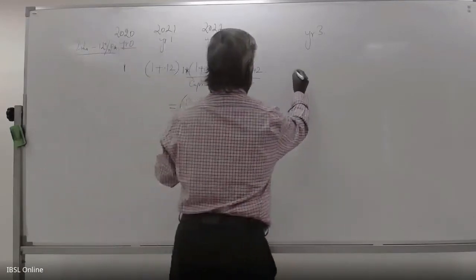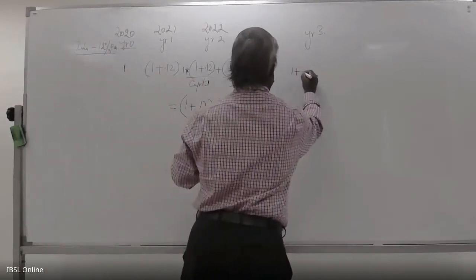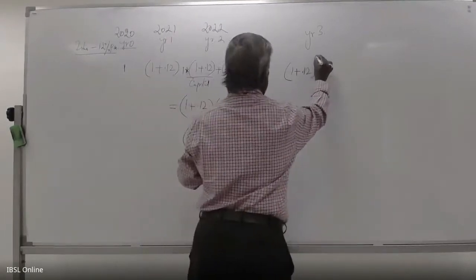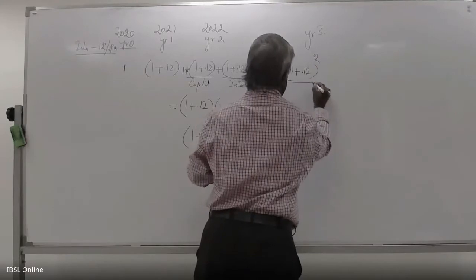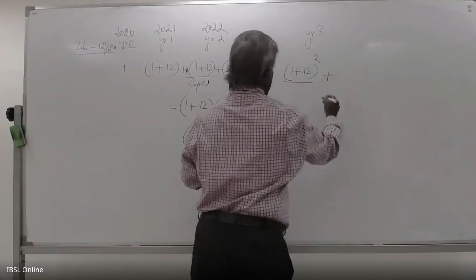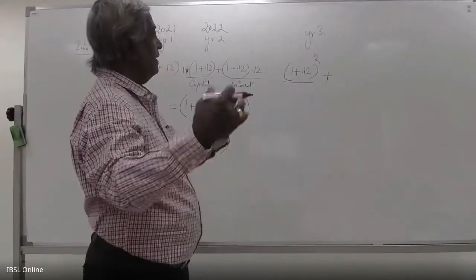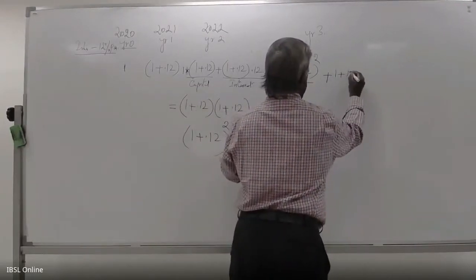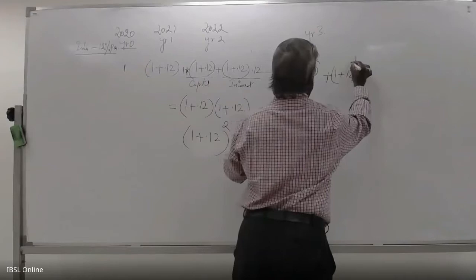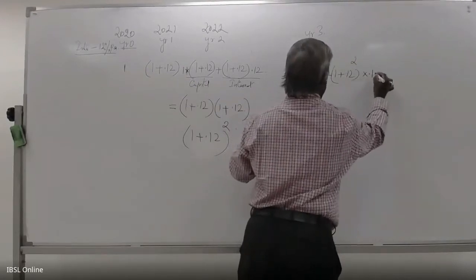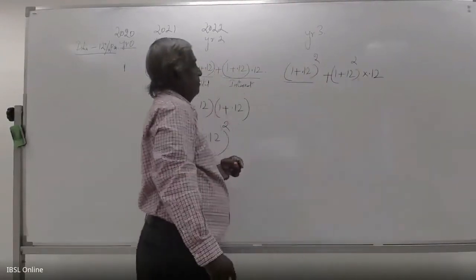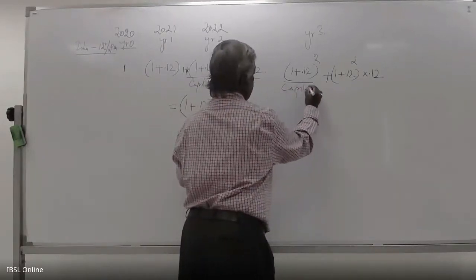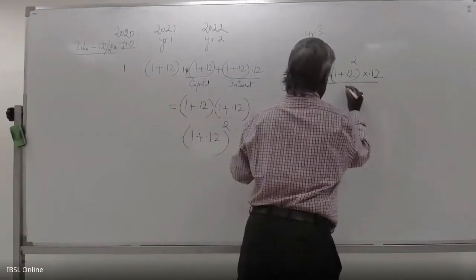So 1 plus 0.12 to the power 2 is the capital portion, plus this is going to earn interest. The interest portion is 1 plus 0.12 to the power 2 into 0.12. That is the interest. So this is the capital portion. This is the interest portion.